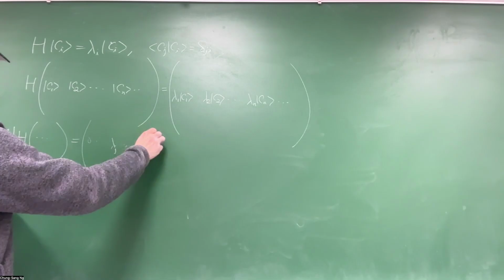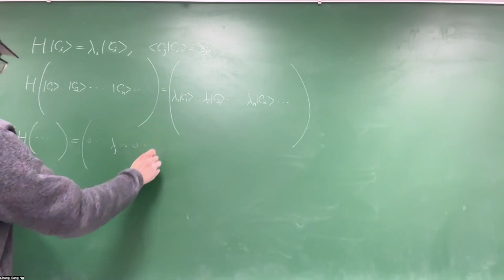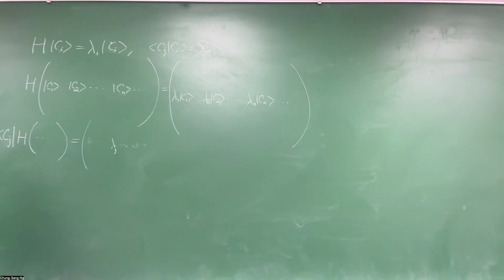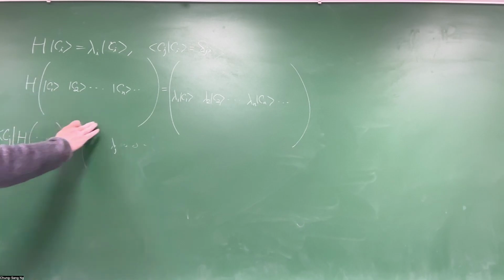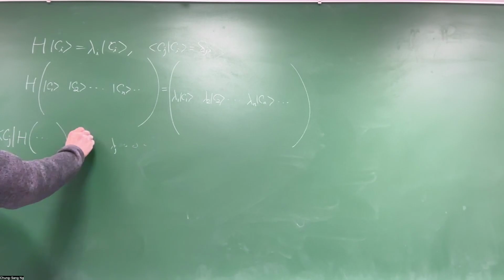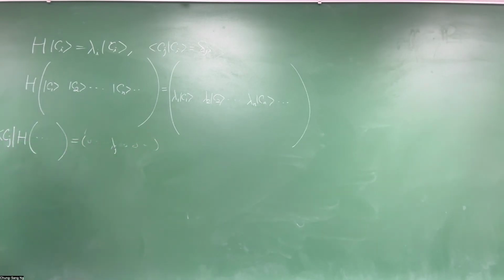It's a row vector multiplied by a square matrix, so the result is actually just a row vector, not a matrix.